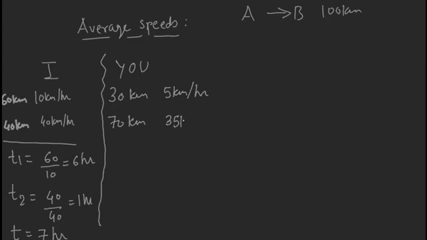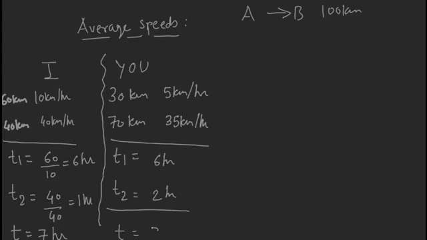Say 35 kilometers per hour. What would be the net time? For the first 30 kilometers, you would have spent 6 hours, and for the 70 kilometers, 2 hours, that is T2. So the net total time would be 8 hours. So you took 8 hours to travel the distance of 100 kilometers.